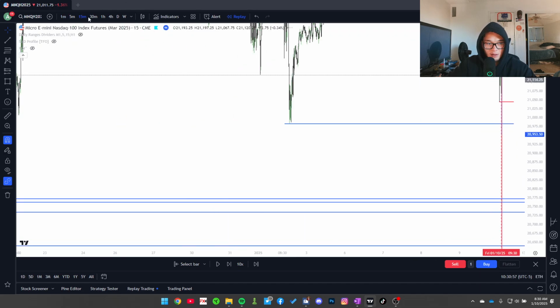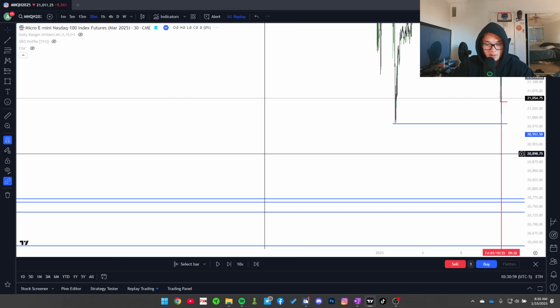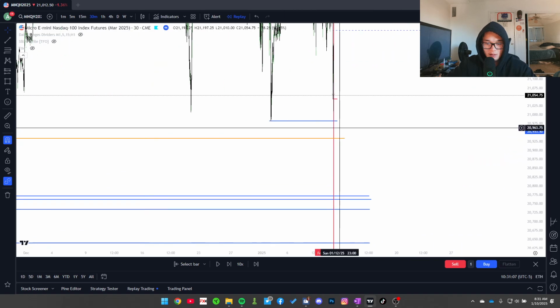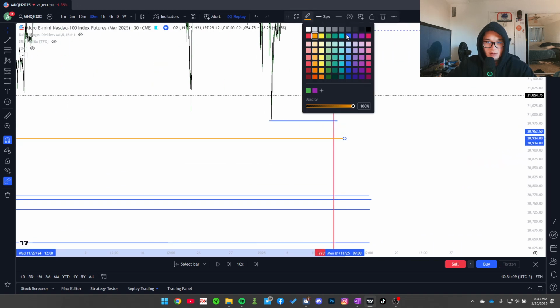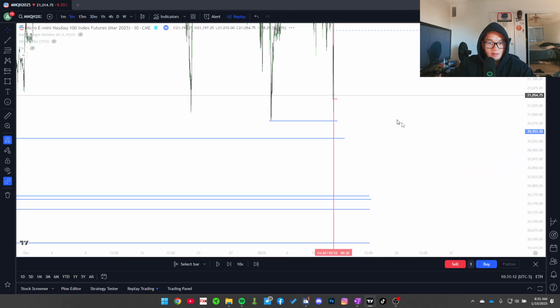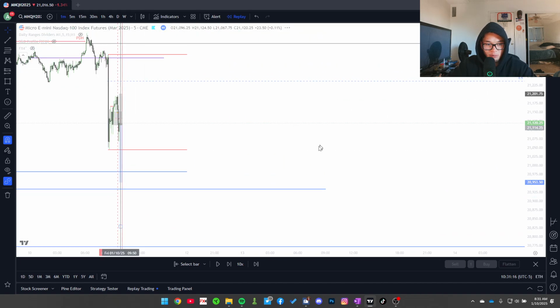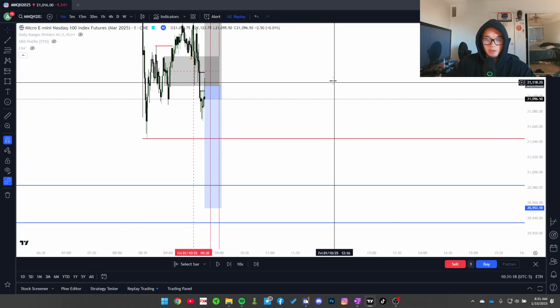What the hell? Hold on. This swing low. What is this line? Did I move it? Whatever. But that ended up being, I think it was 4.7 RR on the full trade.